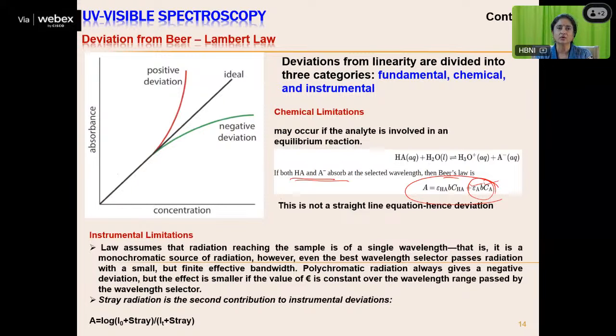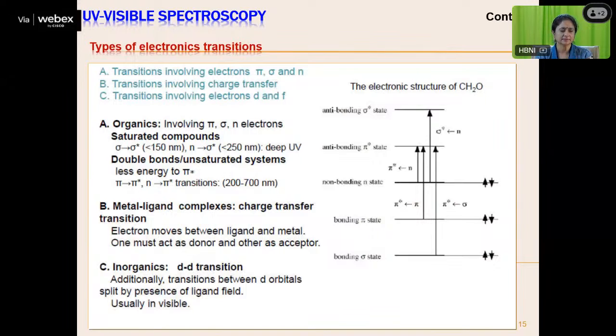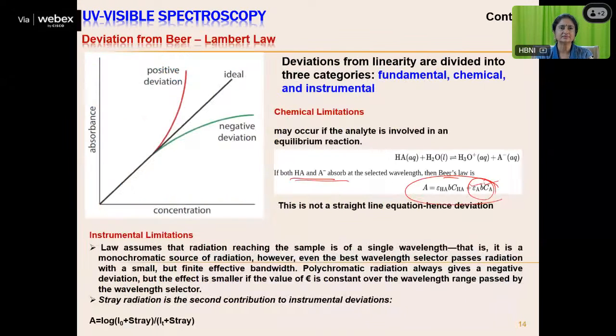Stray radiation is the second contribution to instrumental deviation. How? You know that absorbance is log I0 by IT. Now imagine there is stray radiation. Then it will be I0 plus stray radiation by IT plus stray radiation. When the absorbance is very high, meaning the concentration is very high, the transmittance is low, that means IT is low.